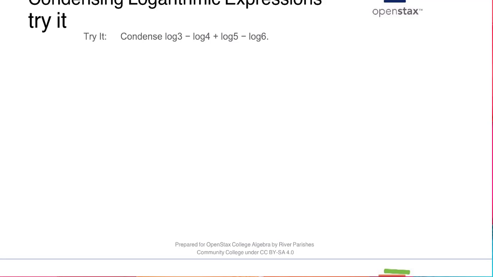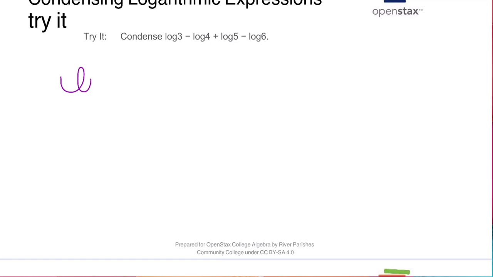So we're going to do this one right here. We have to condense log 3 minus log 4 plus log 5 minus log 6. And remember, when we see the word log, we know the base is 10.